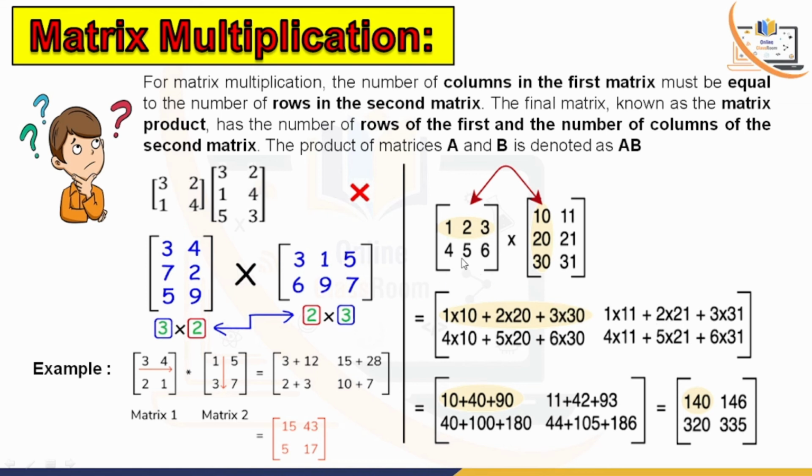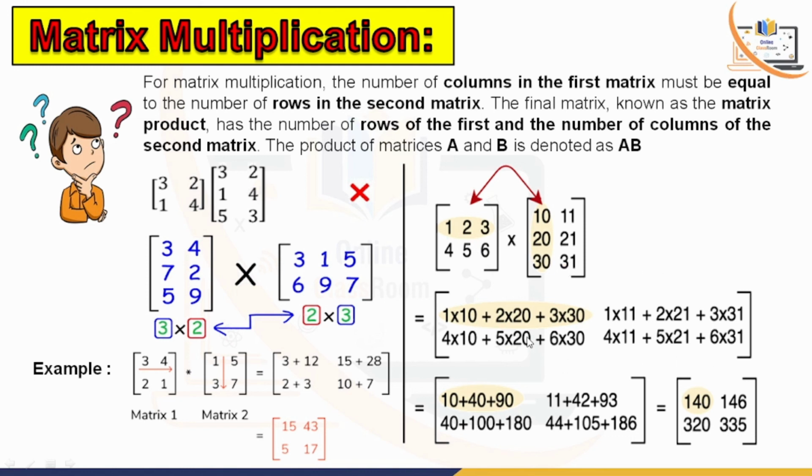And if we focus on the second row versus first column, that means 4 into 10 plus 5 into 20 plus 6 into 30. So that is the corresponding member. And last one will obviously be second row versus second column. So 4 into 11 plus 5 into 21 plus 6 into 31.